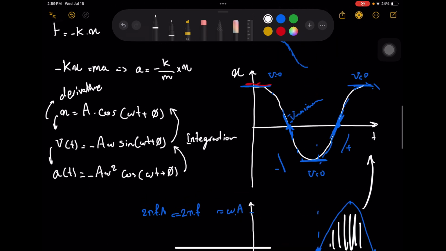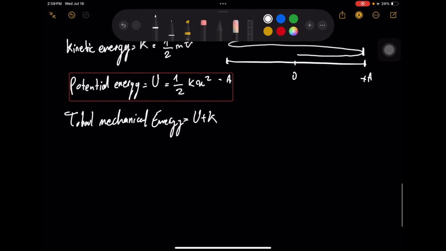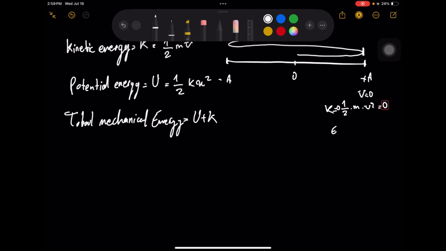At amplitudes, for the position graph, we have a velocity of 0. When the velocity is 0, half mv squared is again 0, so our K is 0. E minus K equals U, so our potential energy is at 100%.